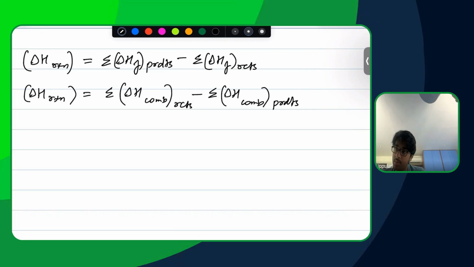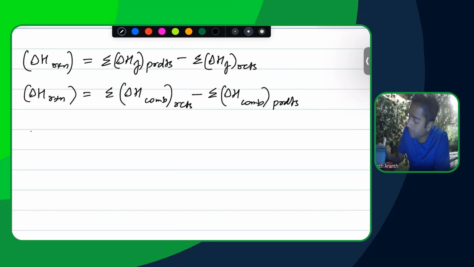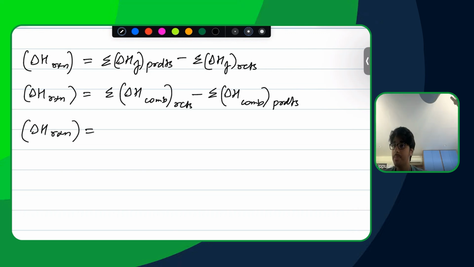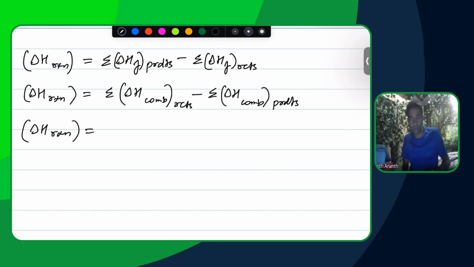Yes, sir. Now, next up. If I'm given bond enthalpies of all the different types of bonds, bond enthalpy is for breaking a bond. Now, if I consider a reaction happening, reactants are becoming products.